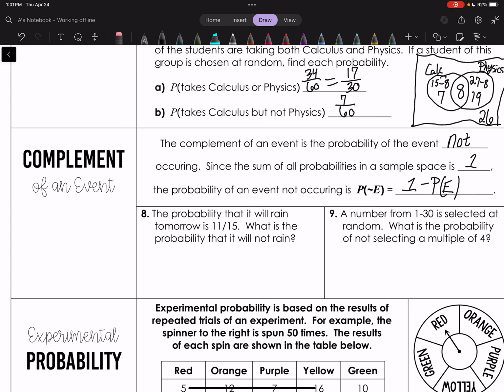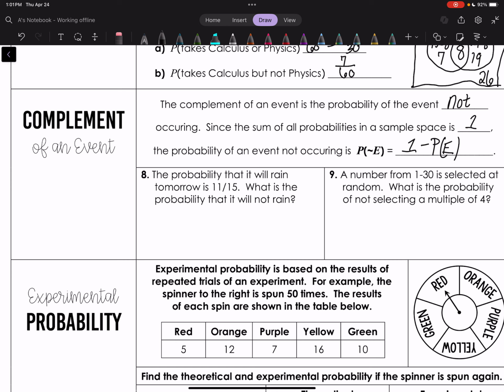The probability that it will rain tomorrow is 11 over 15. What is the probability that it will not rain? Here's the difference between the complement of an event and just the probability of the event. For a regular probability, I would say what is the probability that it will be sunny? Not raining means it could be cloudy outside.